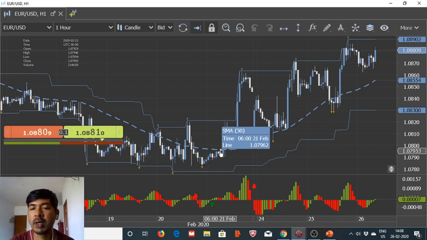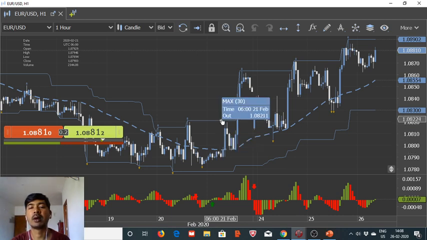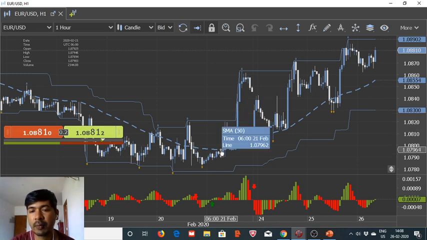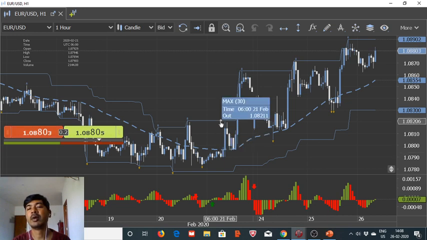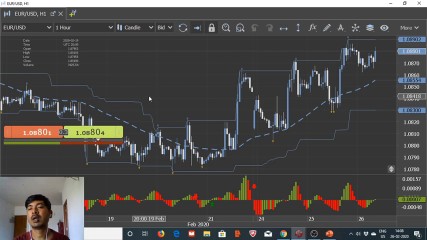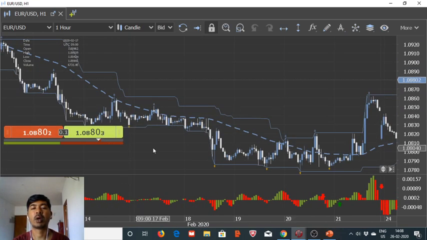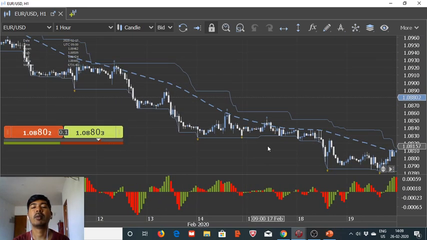So here the SMA is around 1.0796, and the maxima is 1.0821. So that will mean that the difference is 25 pips, and if that's good enough, I don't know. So we go back in time and do a couple of observations, and then maybe a 25 or 30 pips deviation from the current SMA should be good enough on either side.